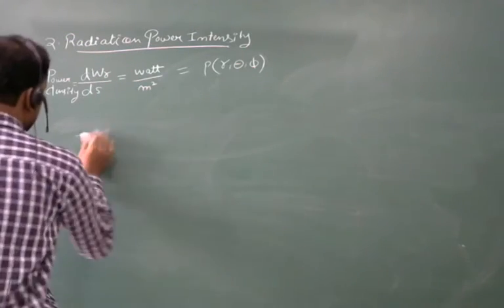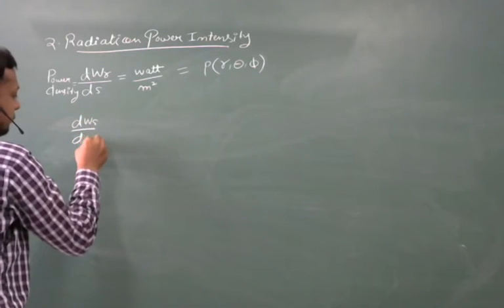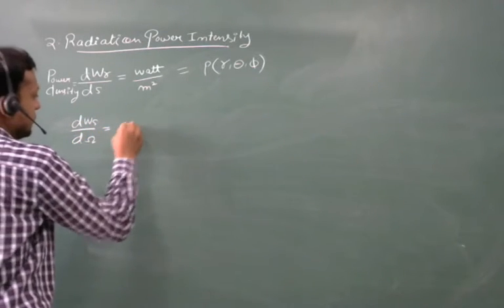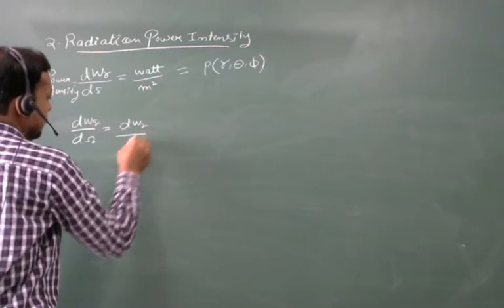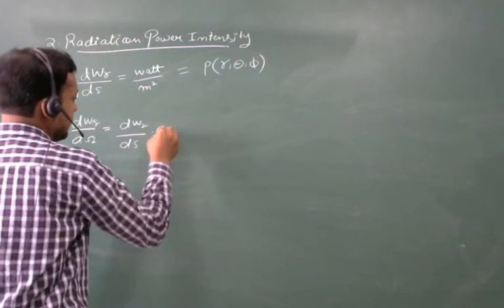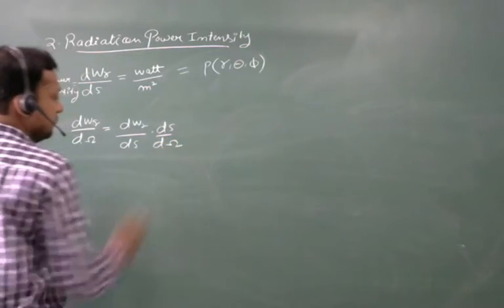Now to evaluate the radiation intensity, d omega upon d solid angle can also be written as d omega upon ds into ds upon d solid angle.